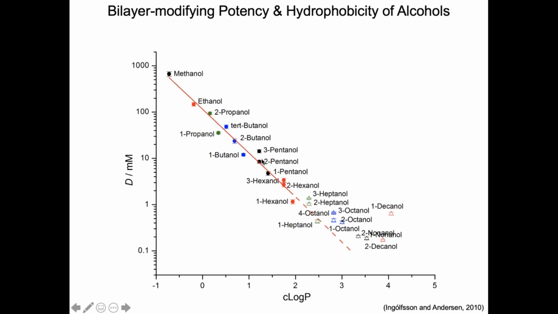And what he found was that if you go from methanol to hexanol, the bilayer-modifying potency referred to the aqueous solution of the molecule was inverse with the partition coefficient of the alcohols into the bilayer, as estimated using C log P. What this tells us is that whether it is methanol or hexanol, the bilayer-modifying potency per molecule of the alcohol in the bilayer is basically the same.